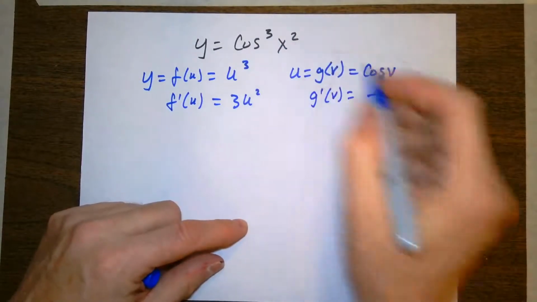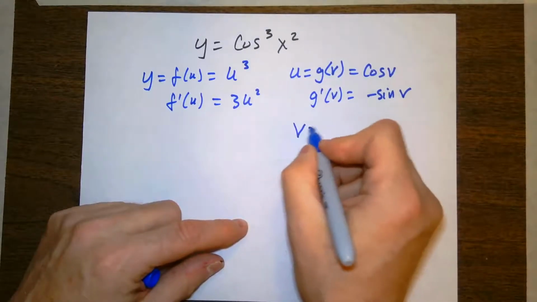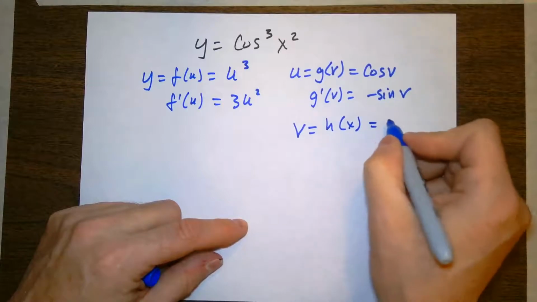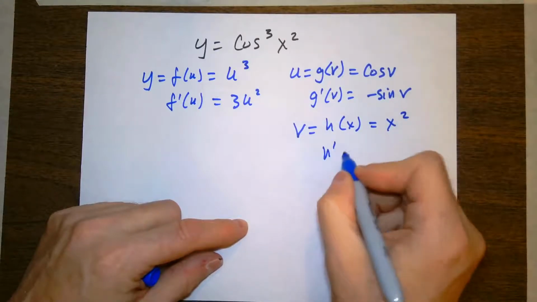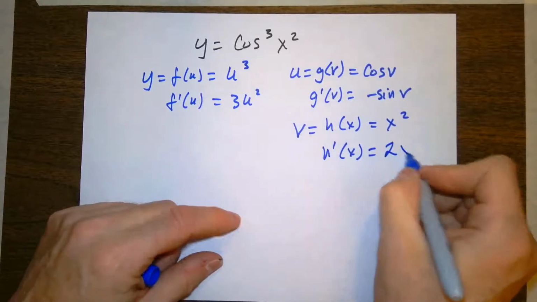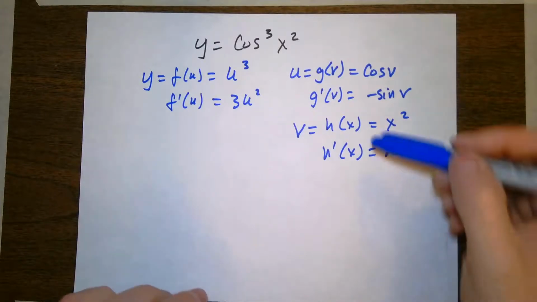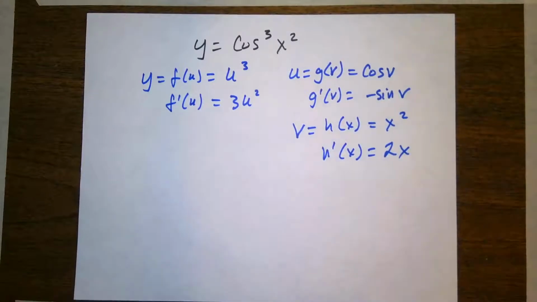That's x squared. So I'm going to call the v some other function, h of x, which is my x squared, and the derivative is 2x. So take a closer look here. The x squared is inside of the cosine, and the cosine is inside of something to the third power. I've got a chain inside of a chain.